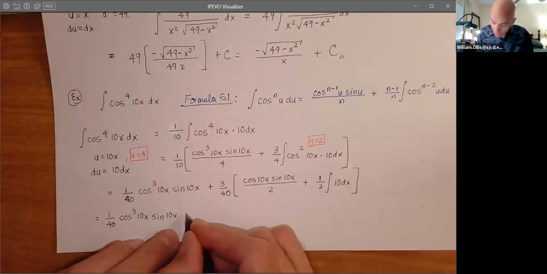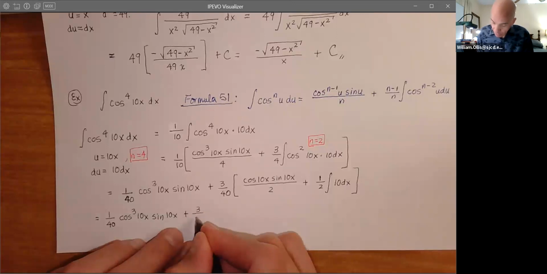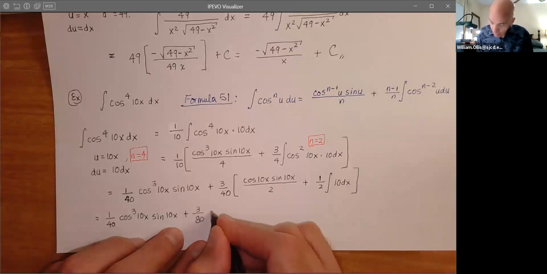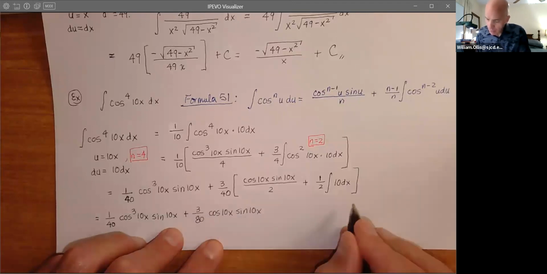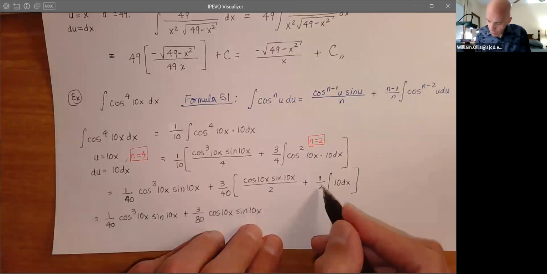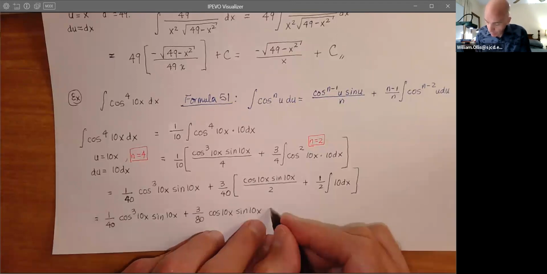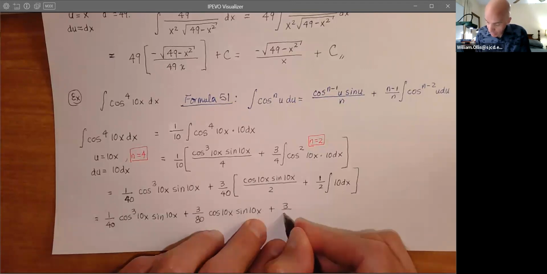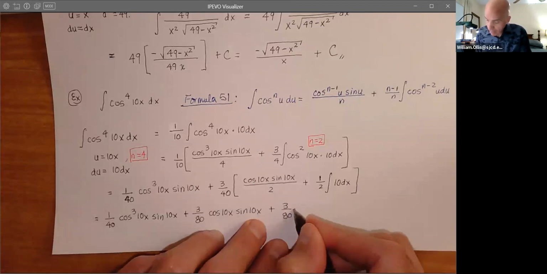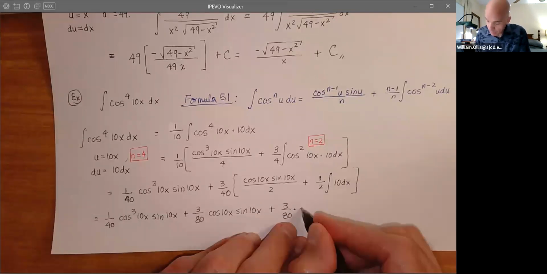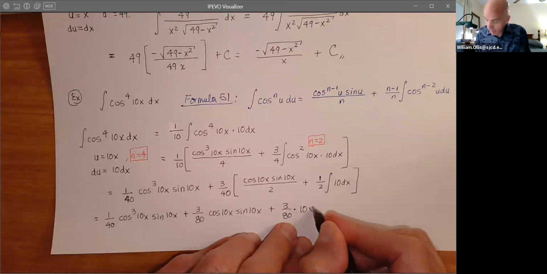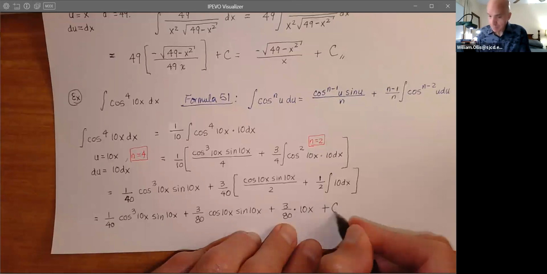We'll get a 3 over 80 plus 3 over 80 cosine 10x sine 10x. And then, of course, here we have the same. We have a 3 over 80 plus 3 over 80. And then, of course, the antiderivative here will just be 10x. And we could add a constant.